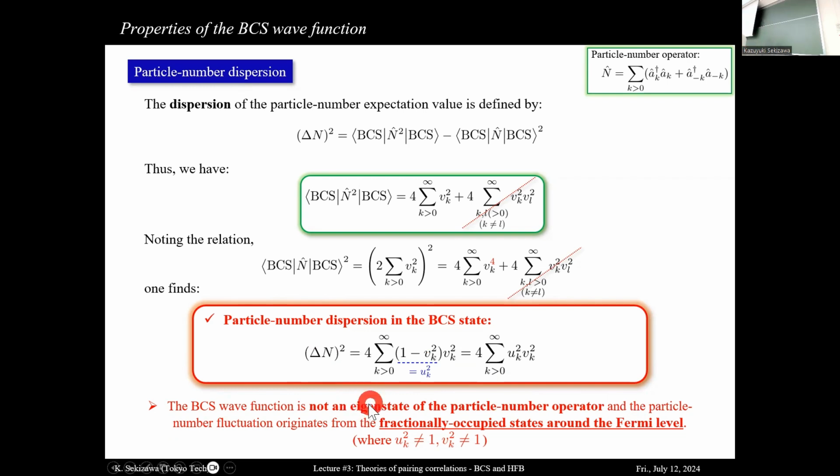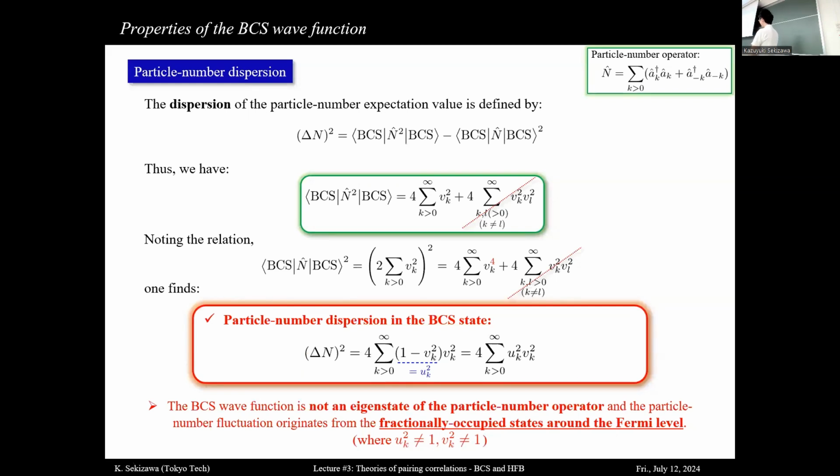And this fluctuation or dispersion originates from the fractionally occupied states around the Fermi level. It means that in a deeply bound state, the occupation number is just 1, but it becomes 0 in the unoccupied state.